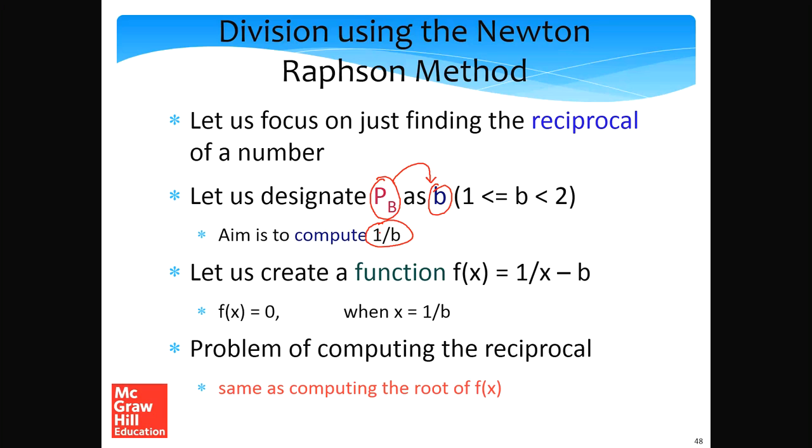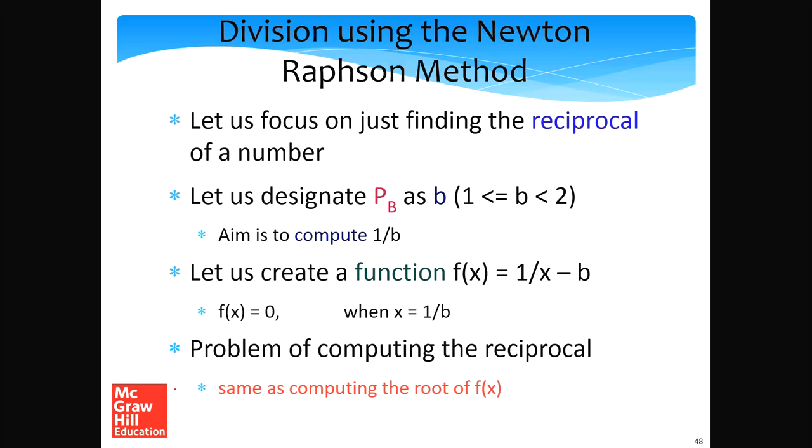So let us do one thing. Let us create a function f(x) where f(x) is equal to 1 by x minus b. Right? So let us arbitrarily create a function f(x) of the form 1 by x minus b. So f(x) is equal to 0 when x is equal to 1 by b.